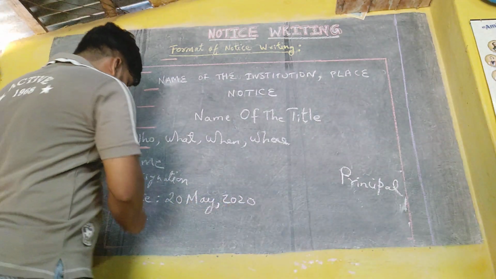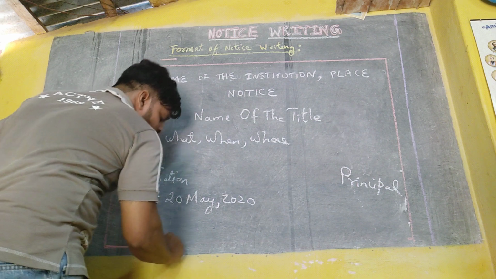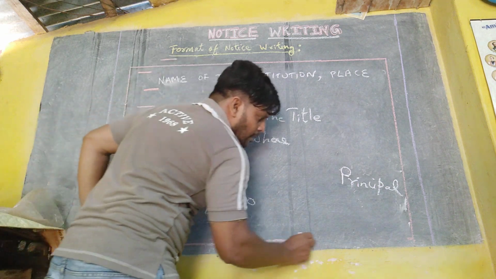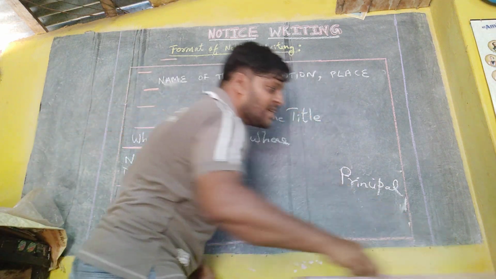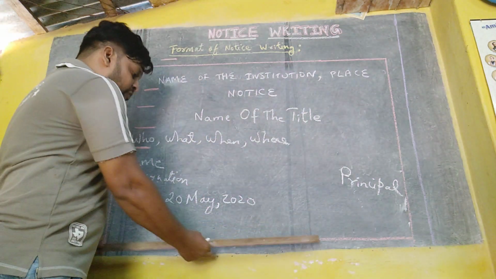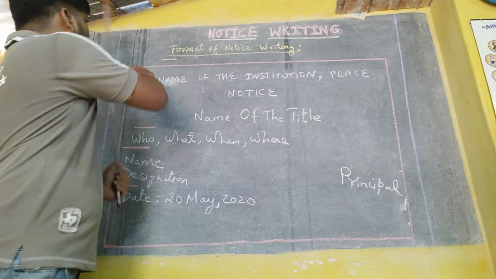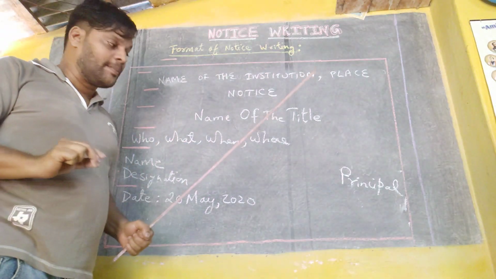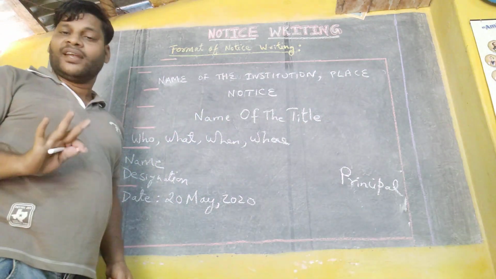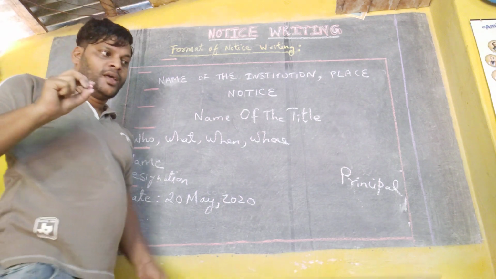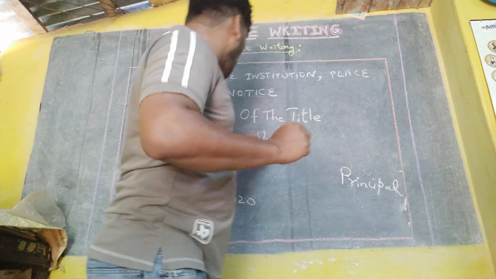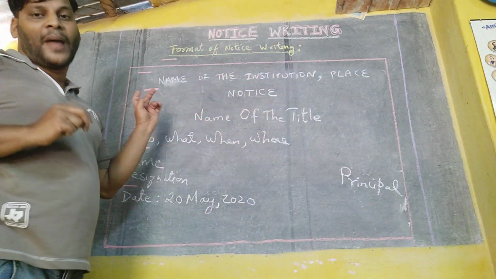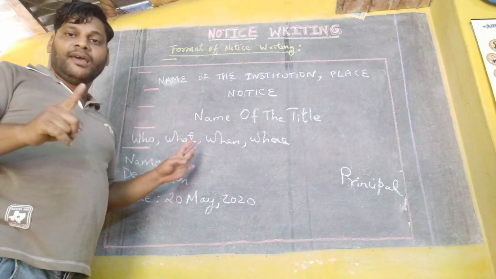Then close the box margin. With the help of the scale, you have to close the box. This box format you have to draw with the help of the pencil and the scale. Other things you have to write in pen. Do not write the content and the other things in pencil. It will not be evaluated.